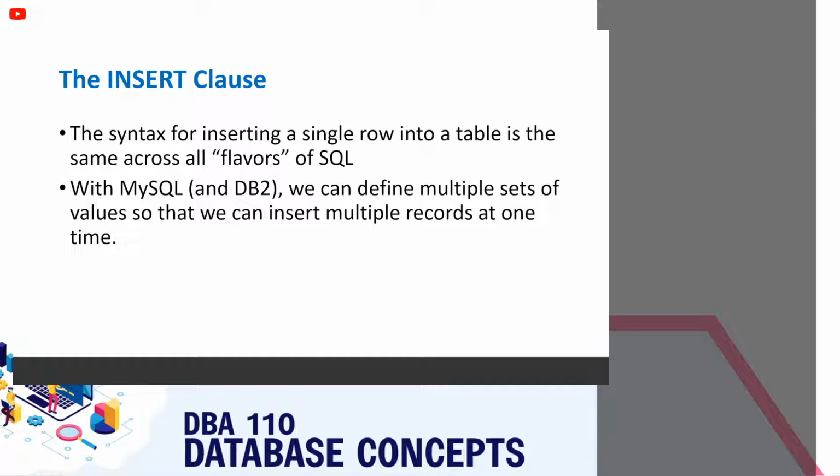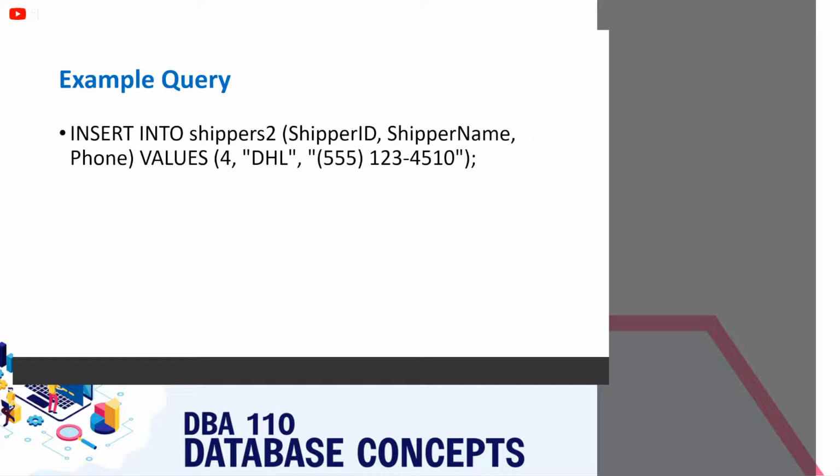And with MySQL, we can define multiple sets of values so that we can insert multiple records at one time, which is also nice. An example of one of these queries looks like this. We use our insert statement, and we say we're going to insert into, and then we have the table name that we're going to insert into.